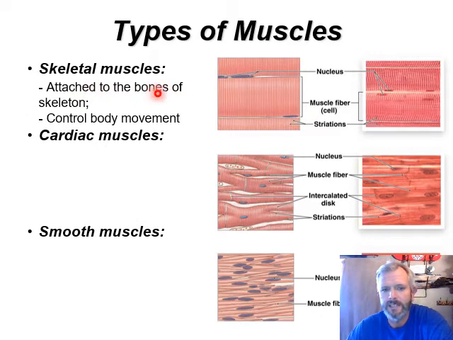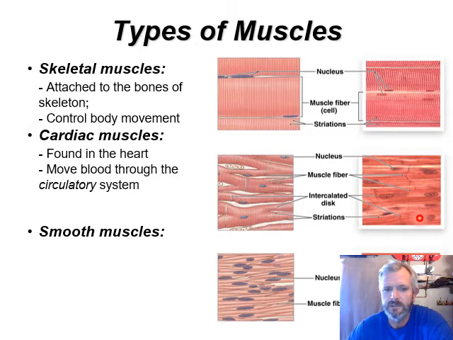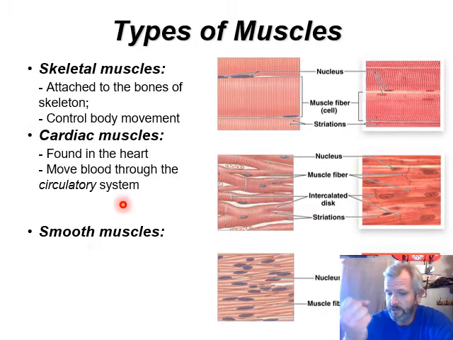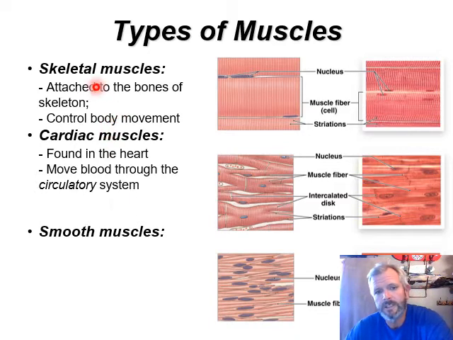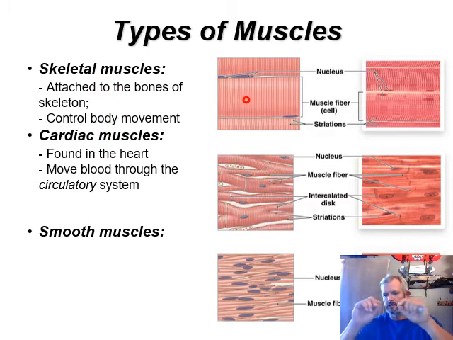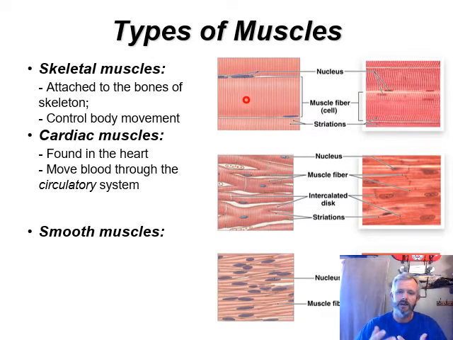They are going to be attached to bones for skeletal muscle, and cardiac muscles, they are going to be what cause a contraction in the heart. But you can see the skeletal muscles are these long cylindrical muscles. Okay, they can be 3 feet in length on some of the longer muscles, and they are multinucleated.